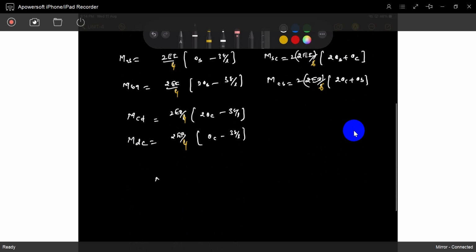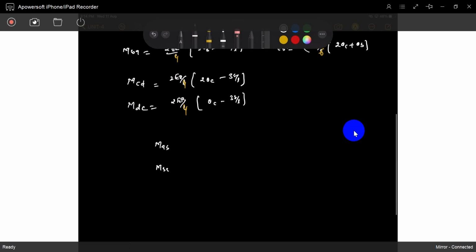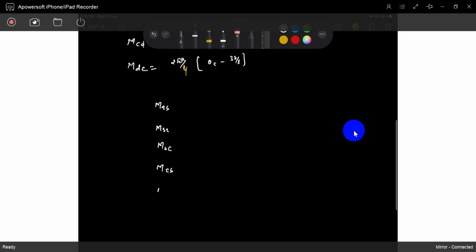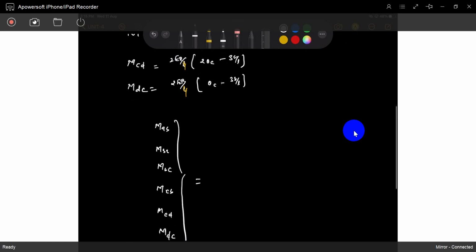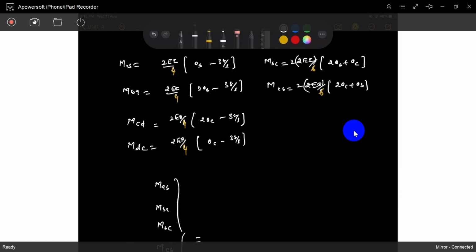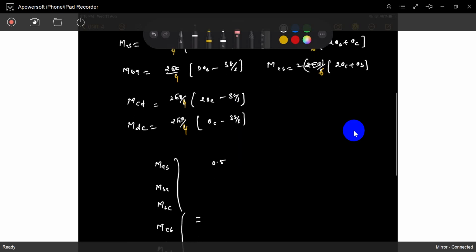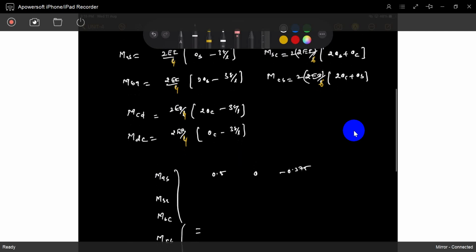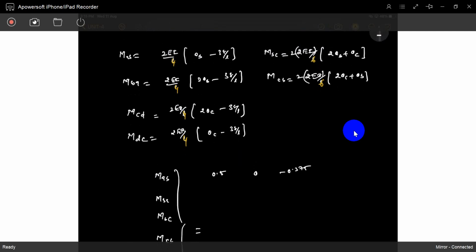I will write MAB, MBA, MBC, MCB, MCD, MDC is equal to... just observe: 2 by 4 is 0.5. So 0.5, then 0, minus 0.375 because there is no term of theta C. Just convert it into the matrix.